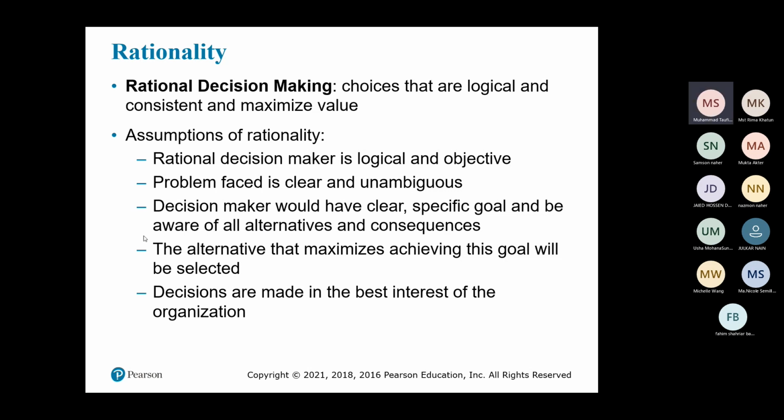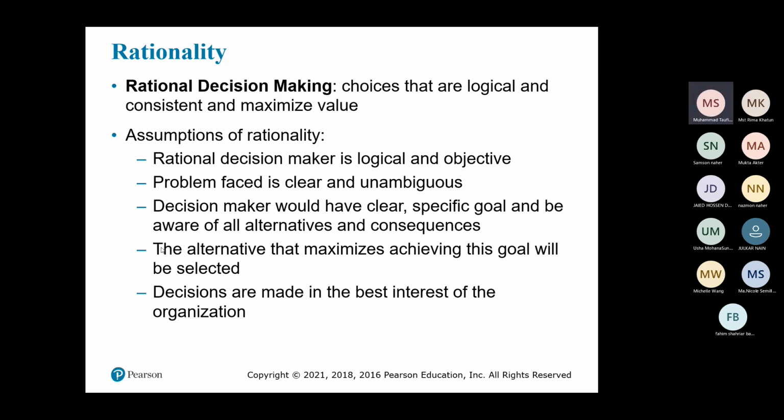And then the fourth one: the alternative that maximizes achieving the goal will be selected. You must select the alternative that gives you the maximum output. You cannot choose a solution that doesn't give you the best outcome. To be a rational decision maker, you must select the choice with the best possible outcome.